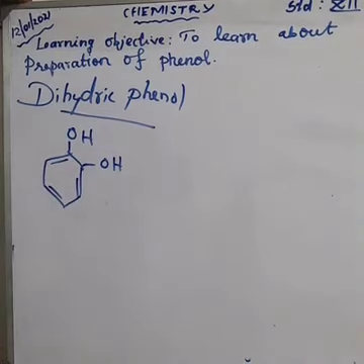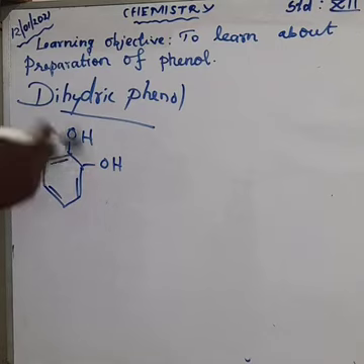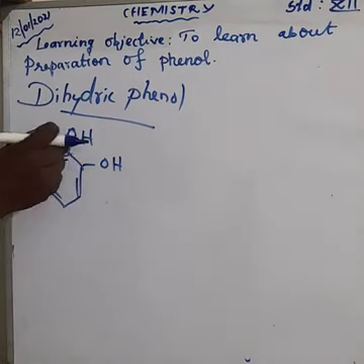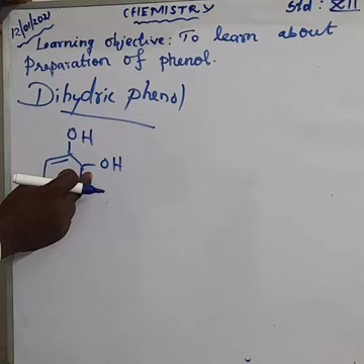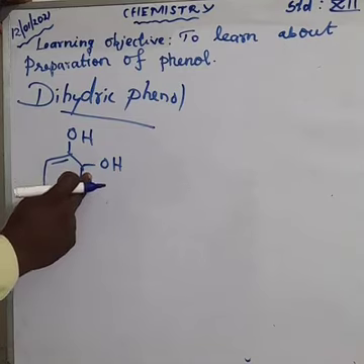This is a dihydroxy compound because it has 2 OH groups. One is the functional group OH. At the nearest ortho position, one more OH.